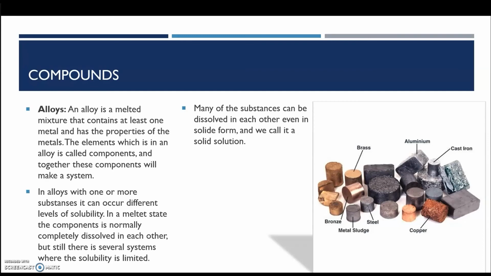In a melted state, the components are normally completely dissolved in each other, but still there are several systems where the solubility is limited. Many of the substances can be dissolved in each other, even in solid form, and we call it a solid solution.